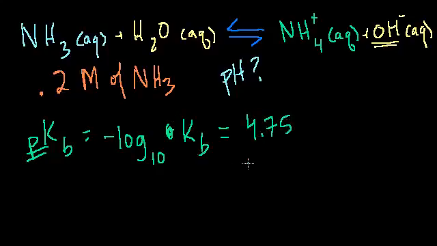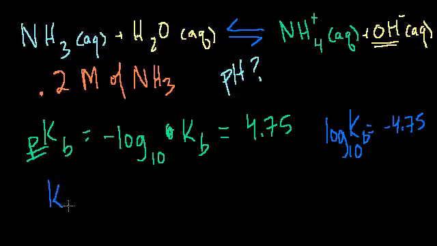So we can just do a little bit of math here to solve for the equilibrium constant. If we multiply both sides by negative, you get log base 10 of our equilibrium constant for this base reaction, that's why the B is there, is equal to minus 4.75, so Kb is equal to 10 to the minus 4.75.